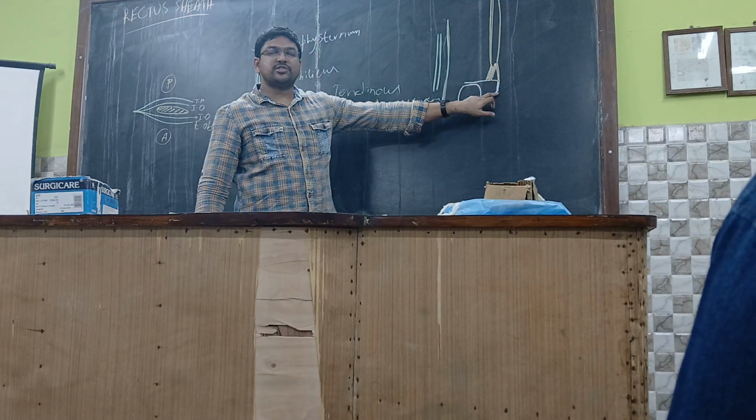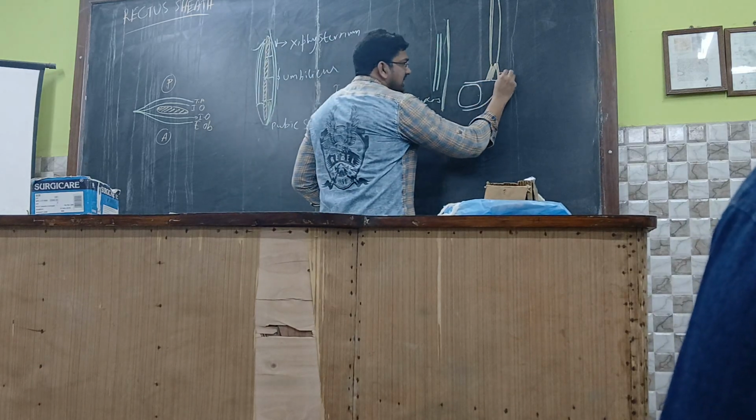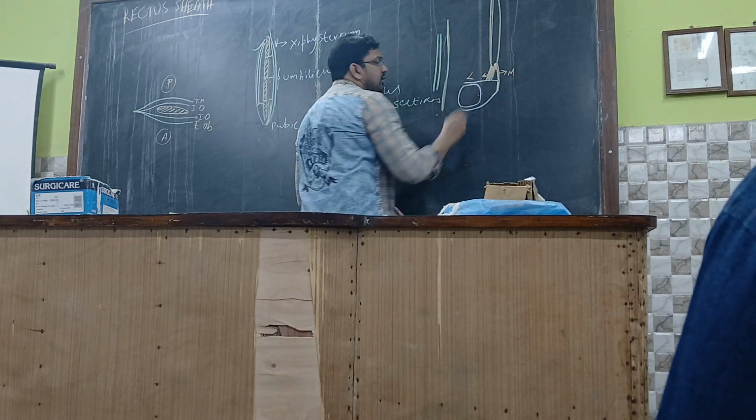See, the rectus abdominis will be having 2 heads. One is the medial head, one is the lateral head over here.